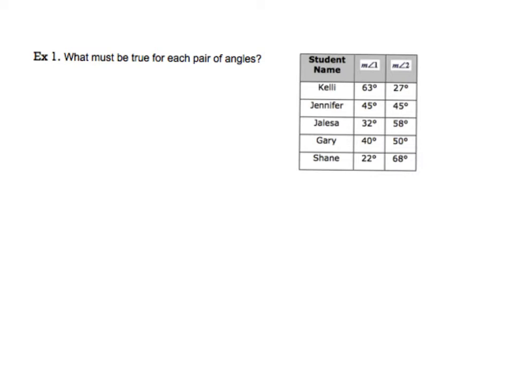The very first one, you have 63 for the first measurement plus 27, and that gives you, what do you know? 90. 45 plus 45 also gives you 90. 32 plus 58 also gives you 90. 40 plus 50 also gives you 90. And the last one, 22 plus 68 also gives you 90.